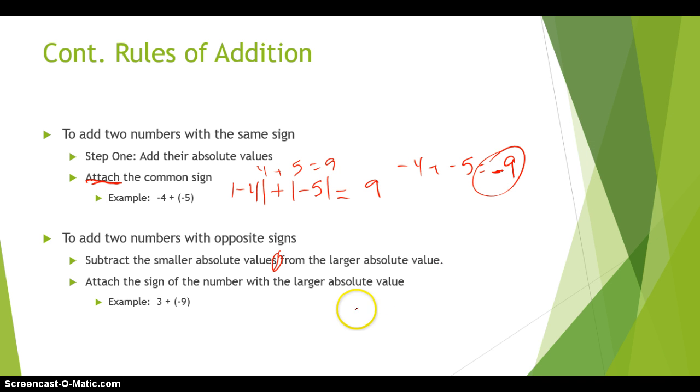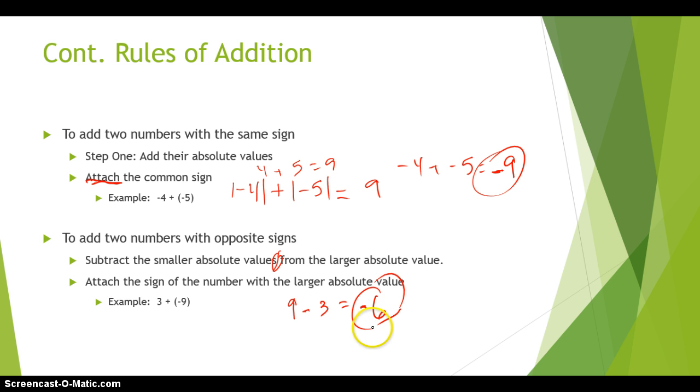The absolute values of both of these numbers are 9 and 3, because the absolute value of negative 9 is 9. So we subtract the smaller from the larger. We get 6. 9 minus 3 is 6. Then attach the sign of the number with the largest absolute value, which would be 9, and the sign on the 9 is negative, so we know that this is a negative 6 as my answer.